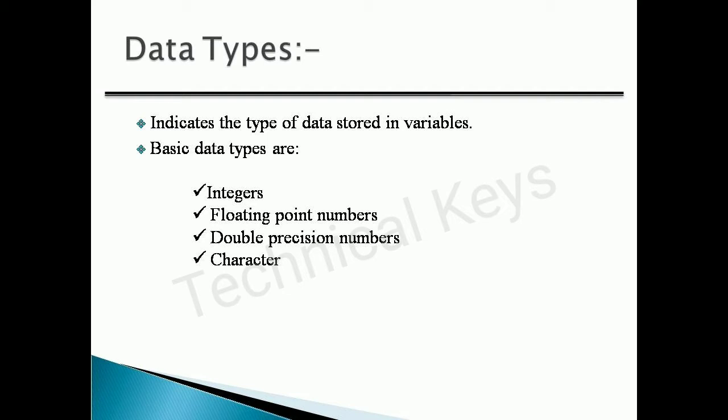When I say integers, I am not allowed to store a decimal value. With characters, I am allowed to store only a single letter. I can't store a group of letters or a word using my basic concepts of C programming.